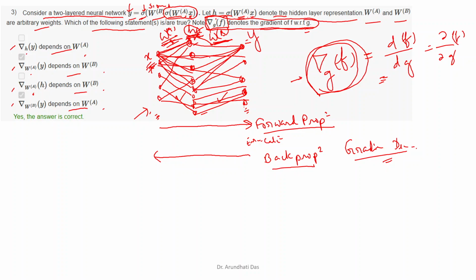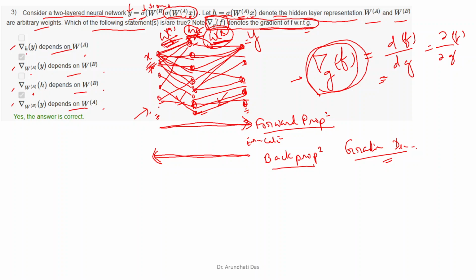Now, while doing this gradient calculation, the dependencies run in the reverse way. In forward propagation, suppose h is dependent on wa and x, then y is dependent on wb and h, and wa and x. But in back propagation, when we go from right to left, all these dependencies are reversed. When we update wb, we depend on the y values.